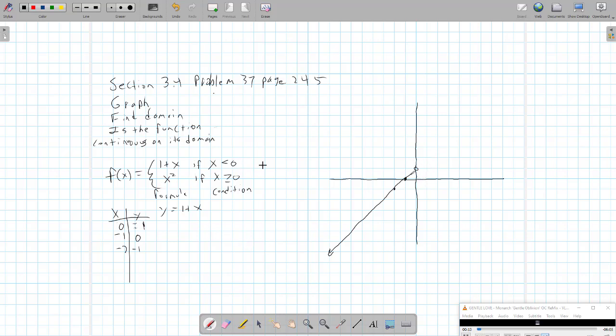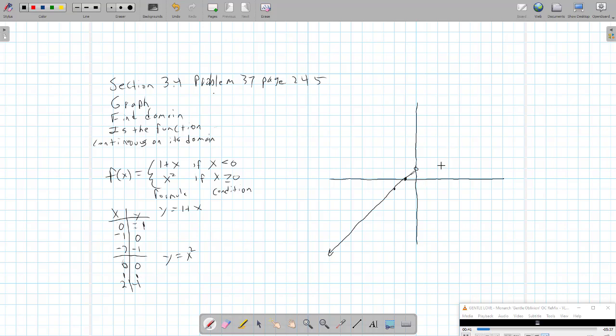So x squared, that's if x is greater than or equal to 0. So now we'll look at that part. y equals x squared. Well, at 0, because we definitely want to include all the endpoints, this one actually does have a point. It says x greater than or equal to 0. So 0 squared is 0. You plug in 1, 1 squared is 1. You plug in 2, 2 squared is 4.